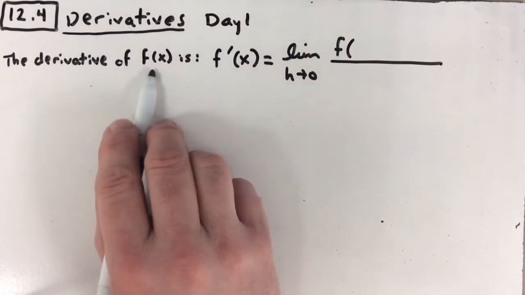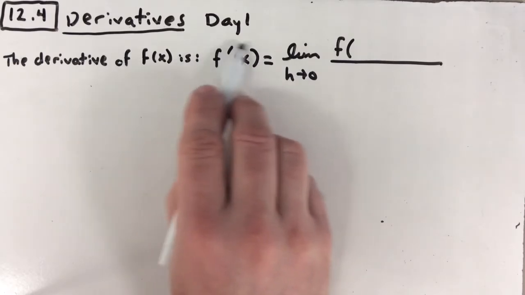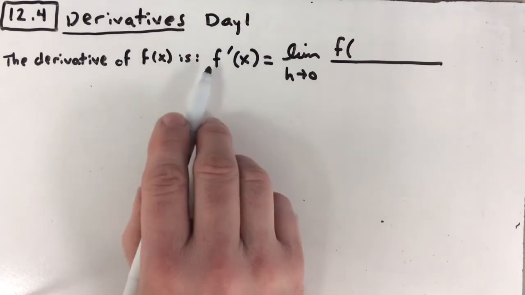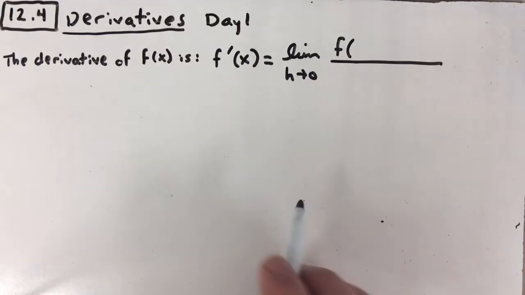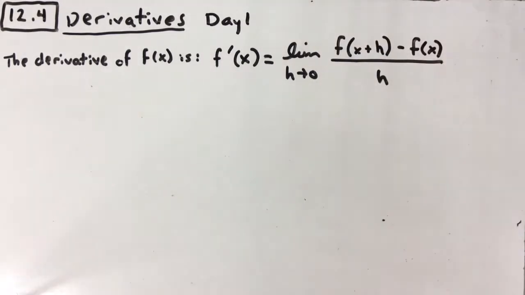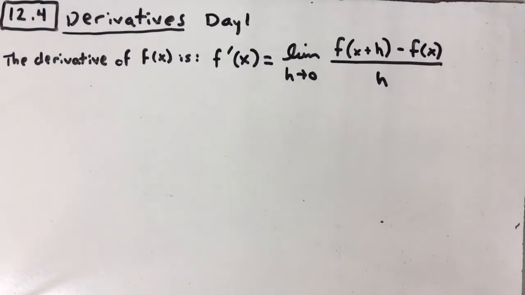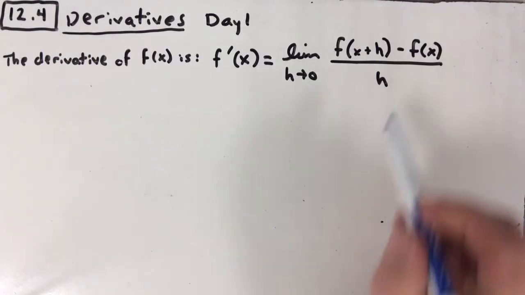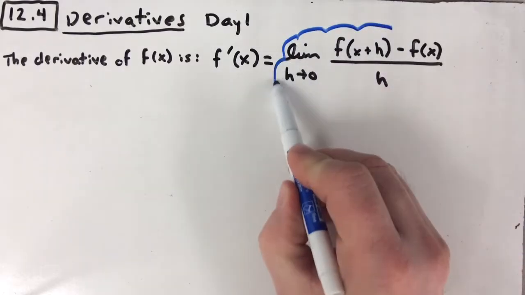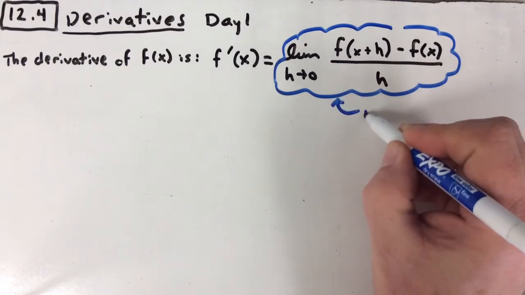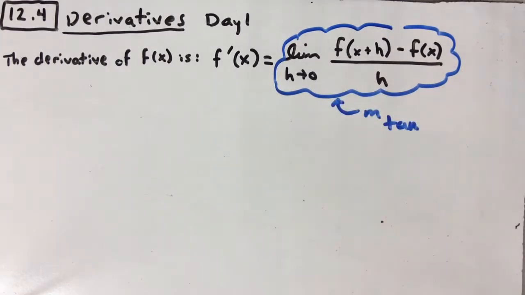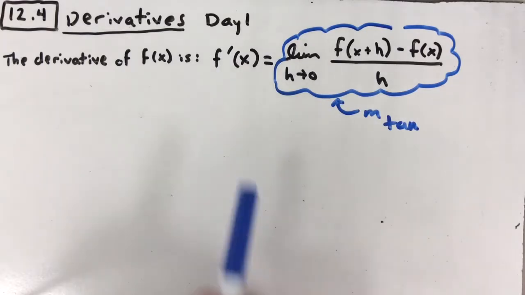So for any function f of x, f prime of x, or the derivative of f of x, or the slope of the tangent line at any point for f of x, is equal to the limit as h approaches 0 of f of x plus h minus f of x, all of that over h. So again, that is the formula that we were using for the slope of our tangent line in section 12.3. But here, instead of calling it the slope of the tangent line, we're going to call it the derivative.